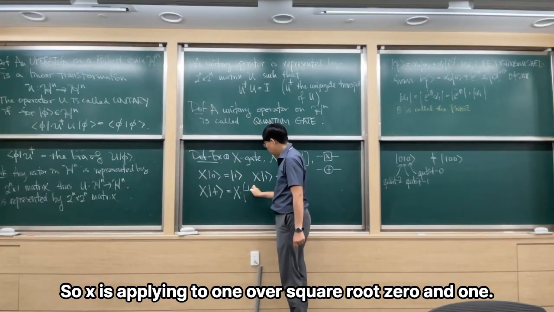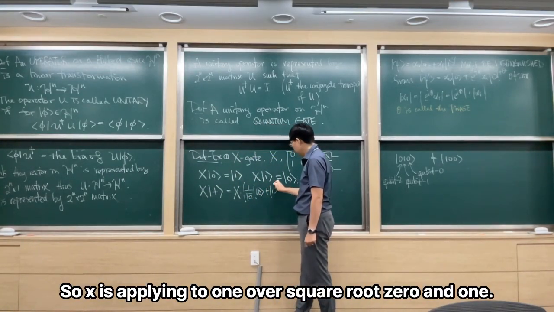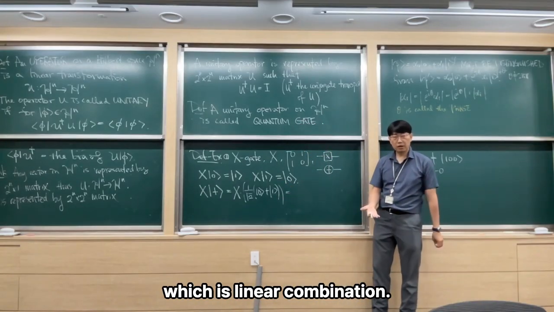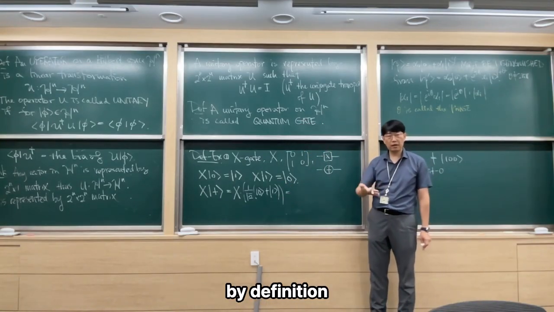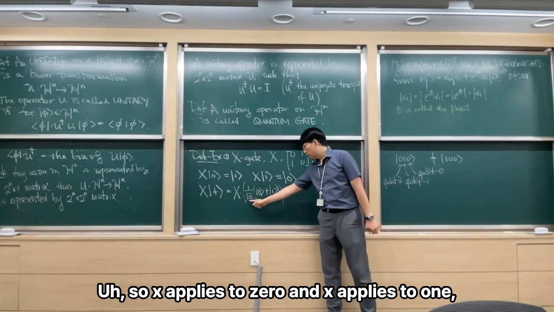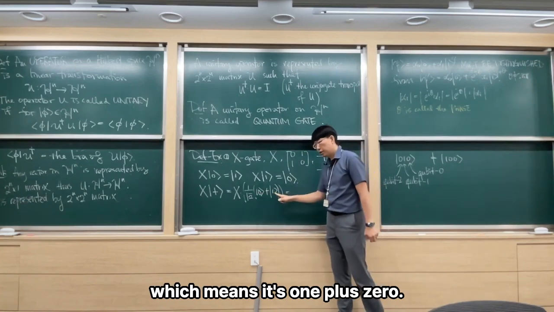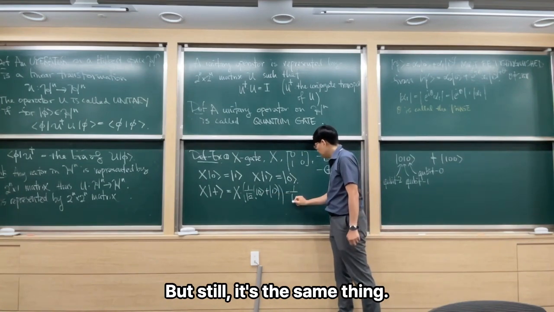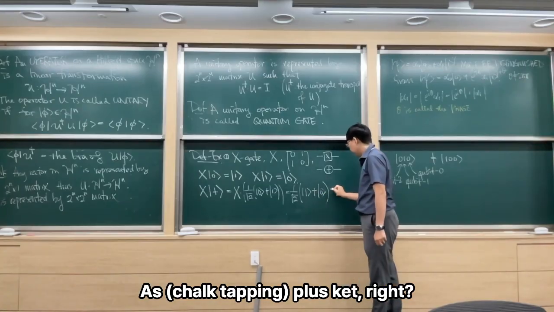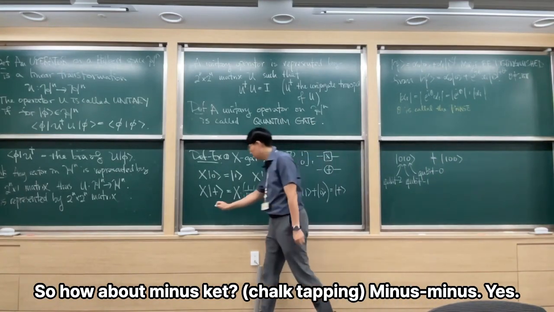X is applied to 1 over square root 2 times 0 plus 1. And it's a unitary gate, which is linear; as I said, a linear operator by definition is one that preserves linear combinations. So X applies to 0 and X applies to 1, which means it's 1 plus 0. But still, it's the same thing as plus ket. Right? So how about minus ket?